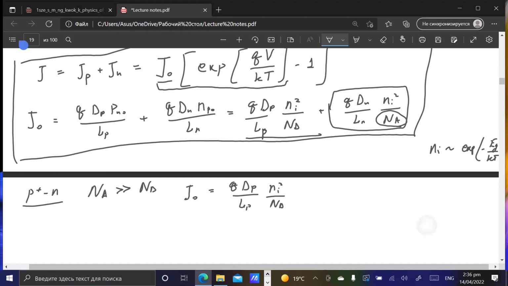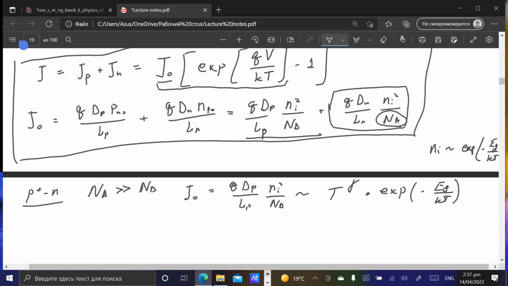So when we consider temperature dependence, there will be some T in power gamma. It will combine from diffusion coefficient dependence and from Nc, effective density of states dependence. There will be some power there, times exponent minus Eg divided by kT.